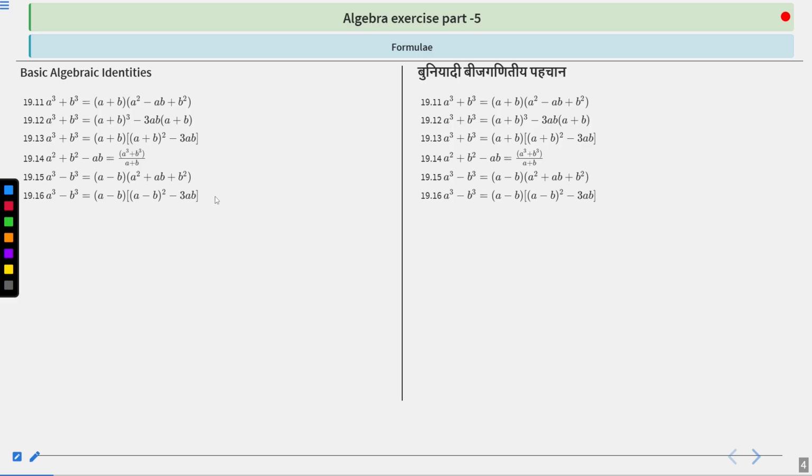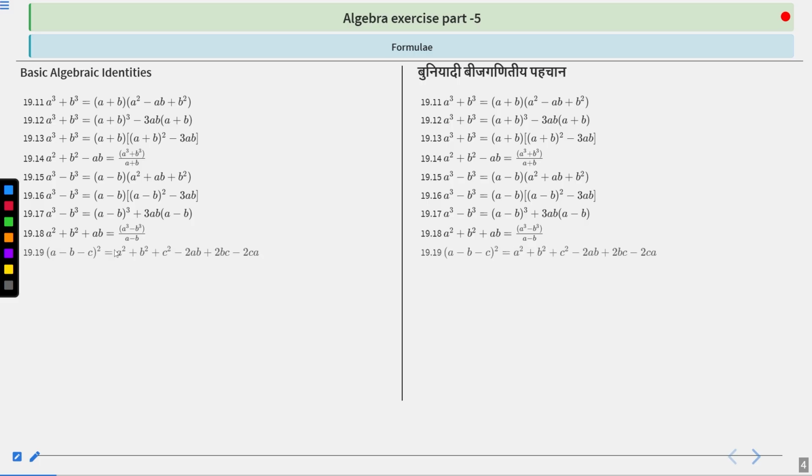Next we have a cube minus b cube is equal to (a minus b) into ((a minus b) whole square minus 3ab). Then a cube minus b cube is equal to (a minus b) whole cube plus 3ab into (a minus b). Then we have a square plus b square plus ab is equal to (a cube minus b cube) upon (a minus b).